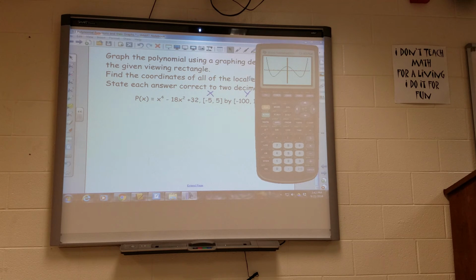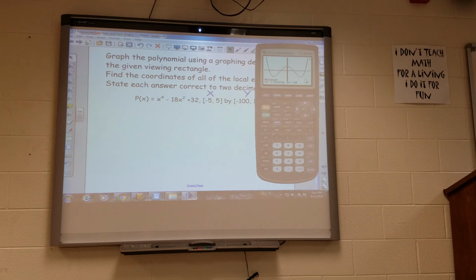Then they want us to find the local extrema, that just being the 2 minimums and the maximum here. So I'm going to go ahead and find the local minimum over here. Go to the left, go to the right, and then guess about where it's at.